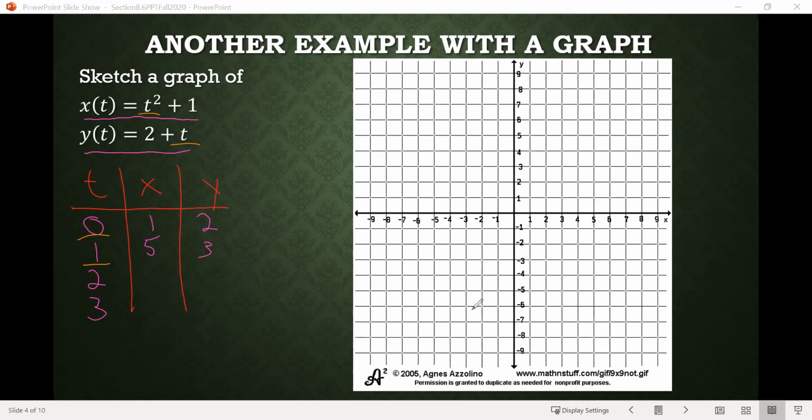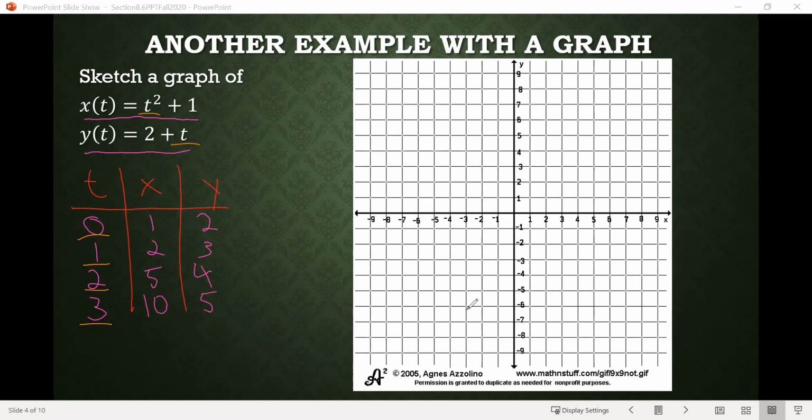If we plug in 2 for t, for x we will get 5, and for y, we'll get 4. And finally, if we plug in 3 for t in each of those equations, for x we would get 10, and for y we would get 5.